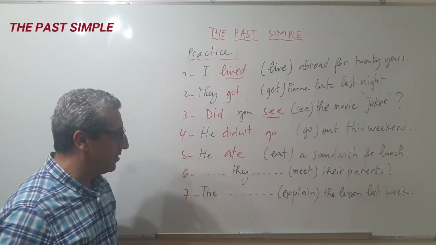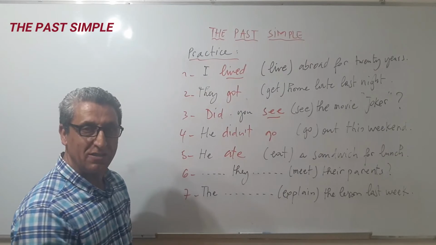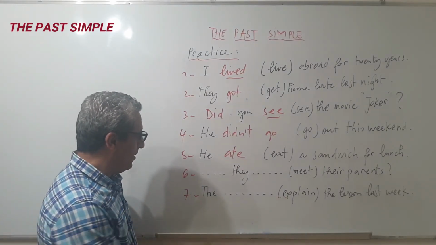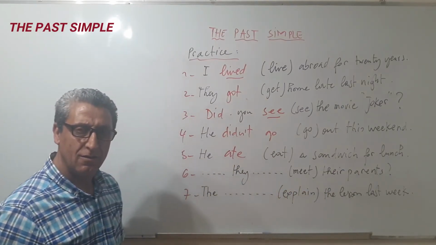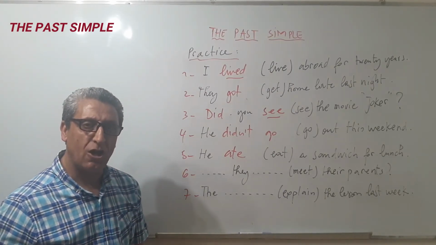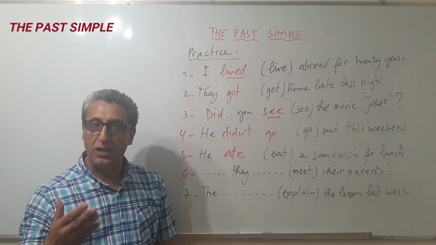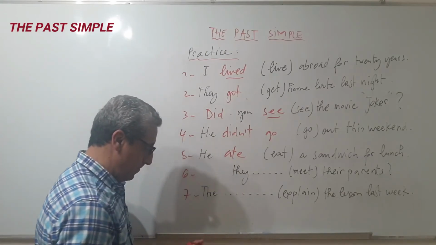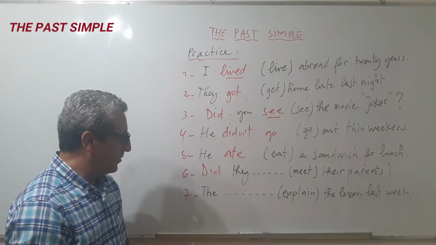Sentence number 6, we have 2 blank spaces, which means it is a question, an interrogative form. So, they meet their parents, a question. So remember, what do we start a question with? Very good. We start it with did.